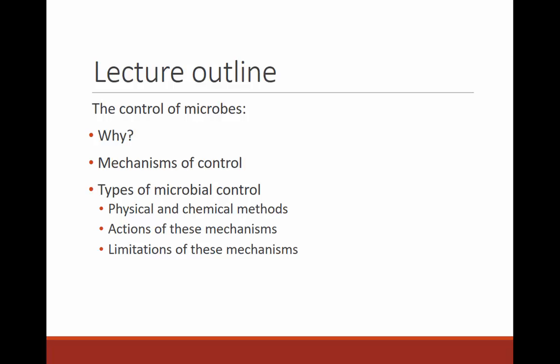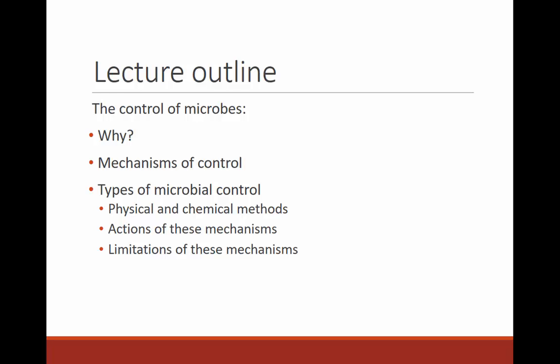We can't just blanket kill all of them because we're not going to be able to for a start, but you might be killing or retarding the growth of some microorganisms that you need. What would life be without cheese or yogurt?